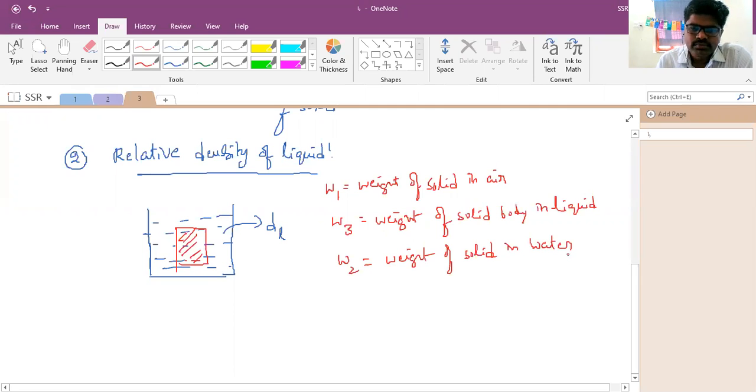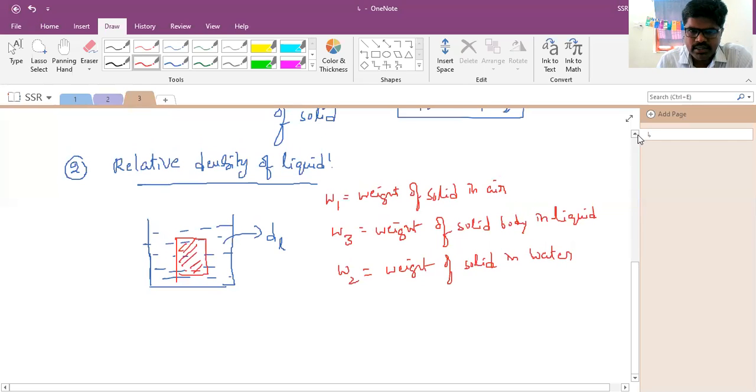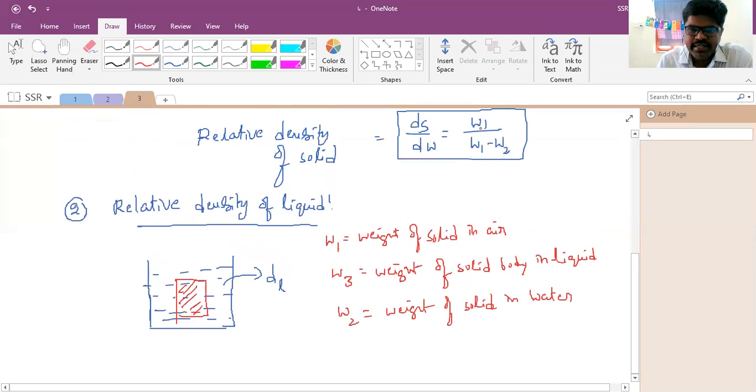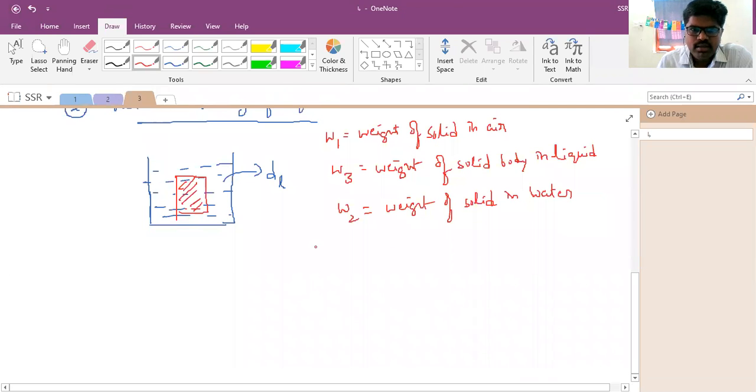Now by using the above equation, what can you write? Density of solid by density of water is equal to W1 by W1 minus W2. Can I write that? We know already ds by dw is equal to W1 by W1 minus W2. This is equation number 1.